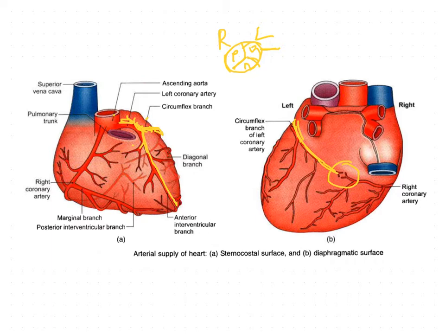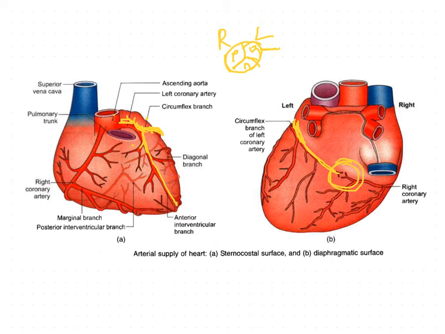After giving off the anterior interventricular branch, the artery runs to the left in the left anterior coronary sulcus, where it winds round the left border of the heart and continues in the left posterior coronary sulcus, and near the posterior interventricular groove it terminates by anastomosing with the right coronary artery.